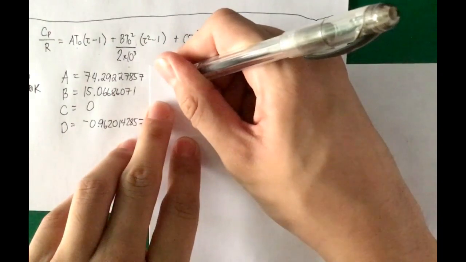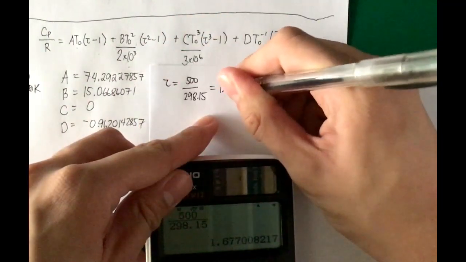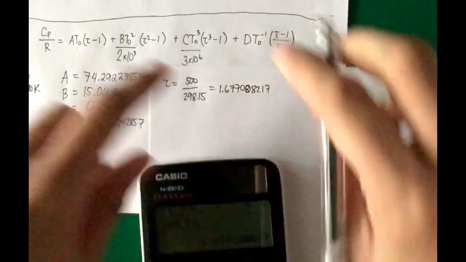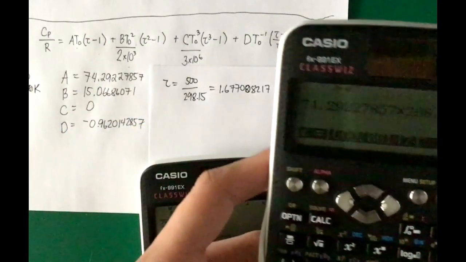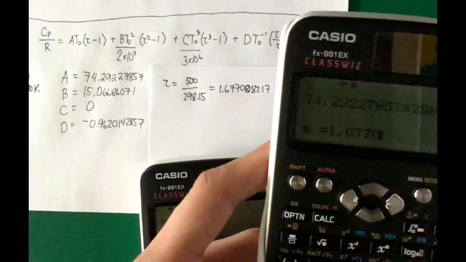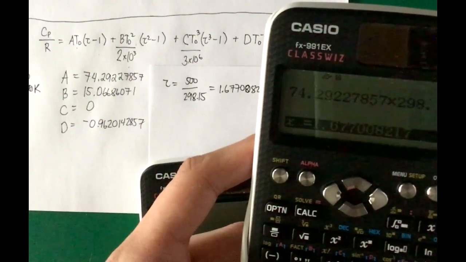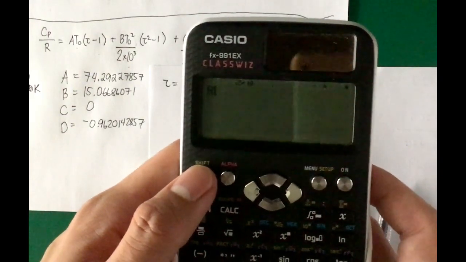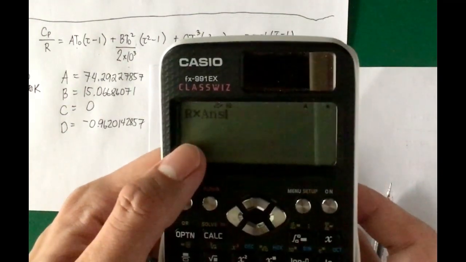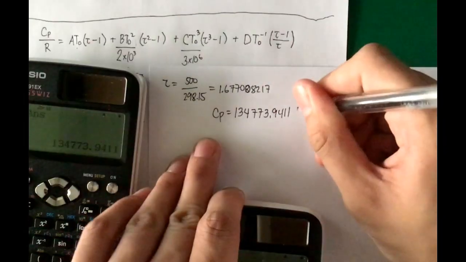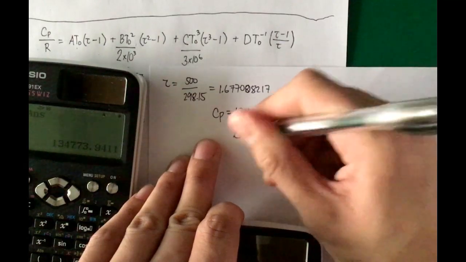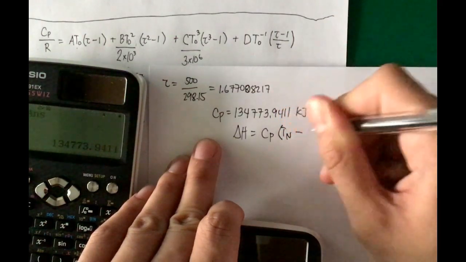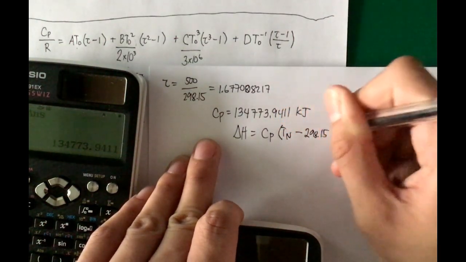So I'm going to calculate first for tau, 0.6770817. And I'm just going to input it in this equation, which is 1.67700817. Then I'm going to get an answer of this. Then I'm just going to multiply the said answer by R. Then I'm going to get this value. This is in kilojoules. And I'm going to use delta H equals Cp delta T, which is your T minus 298.15 Kelvin.